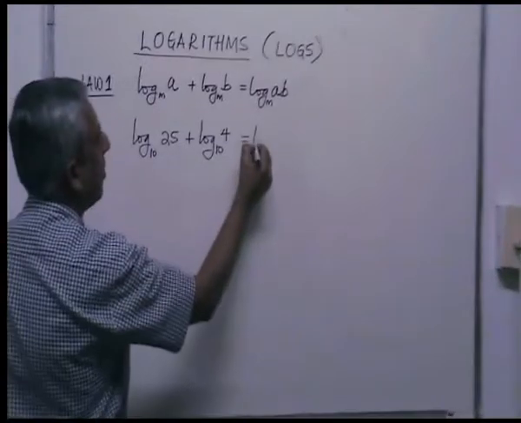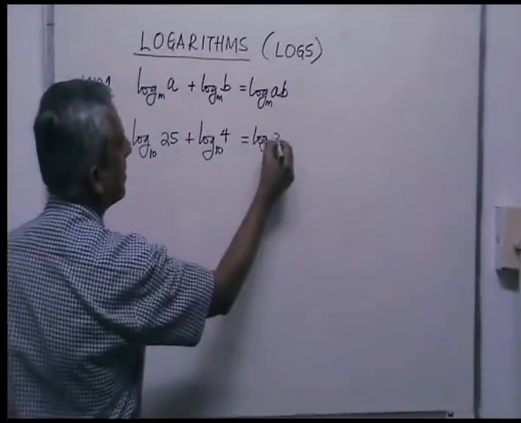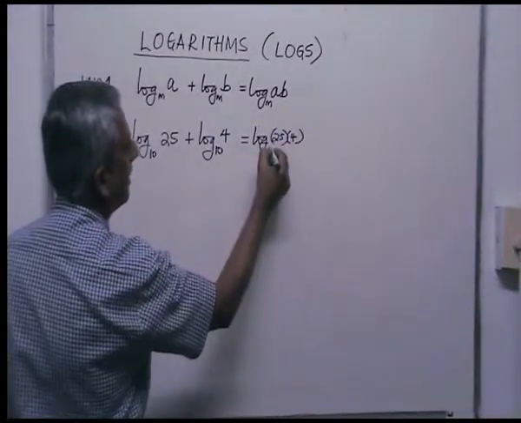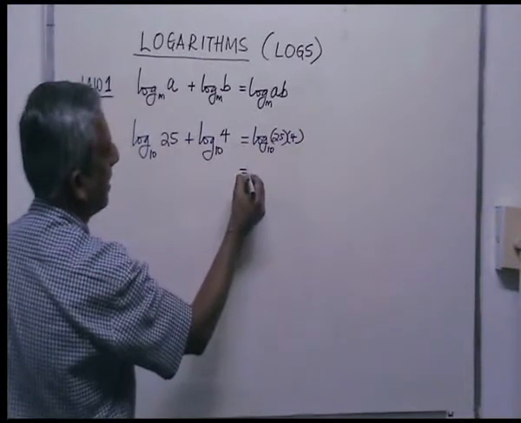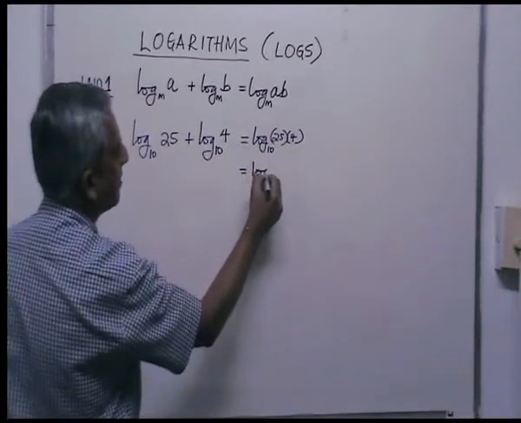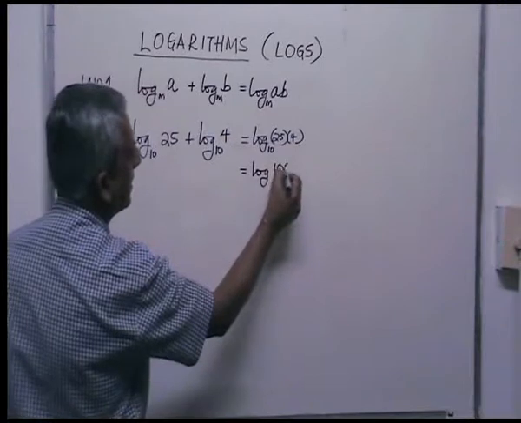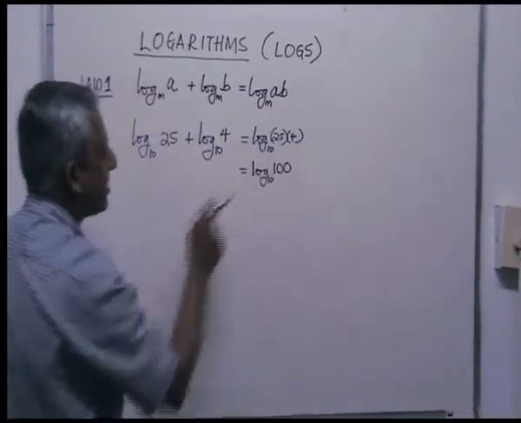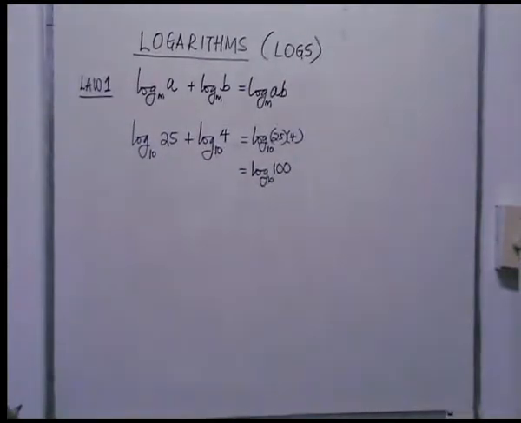So the answer will be log of 25 times 4 and the base is 10. And if I simplify that, it becomes log of 100 to the base 10. I've chosen to write down the base this time. Right, let's do another example.